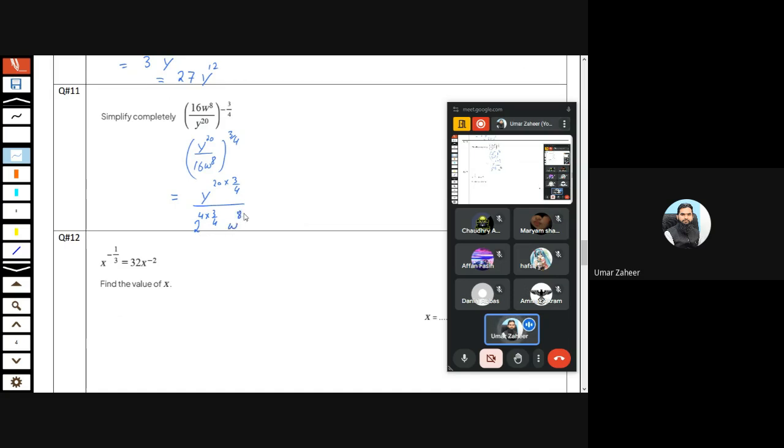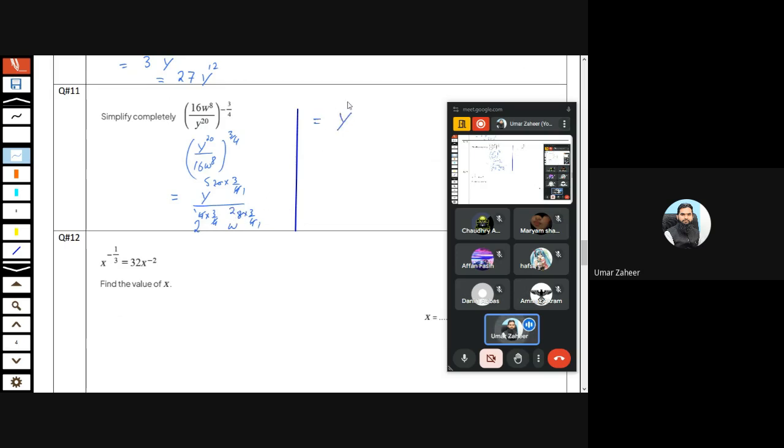W raised to power 4 into 3 over 4. Okay, most of the students did not make a space on these two numbers. So that's why the numbers are going to mix up and there's a lot of chances you are going to do a mistake. Okay, so 4 times 1 is 4, 4 times 5 is 20, 4 times 1 is 4, 4 times 1 is 4, 4 times 1 is 4, 4 times 2 is 8.